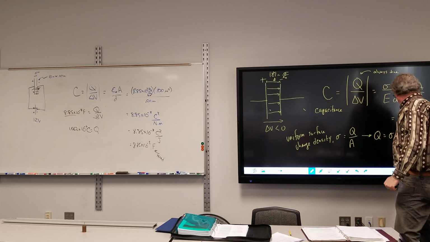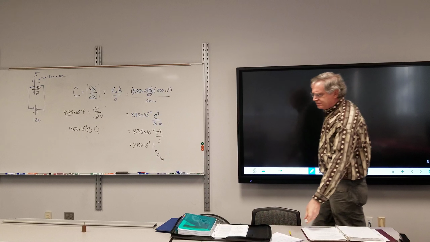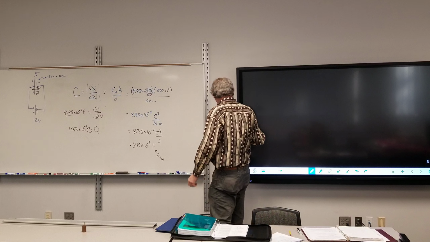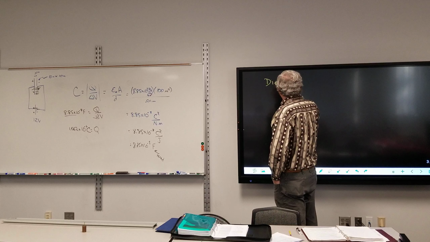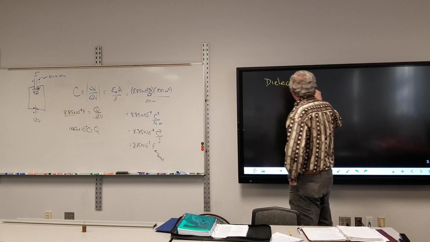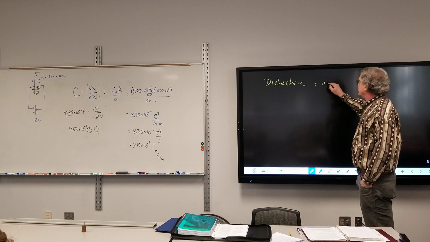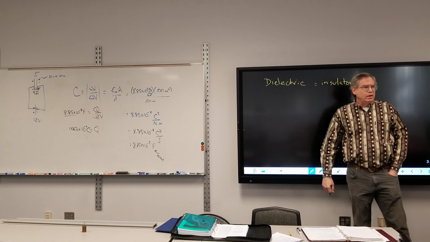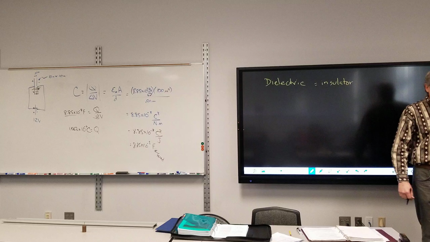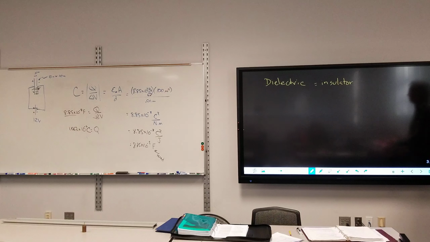So what I'm going to do is add an insulator, and in this context, it's known as a dielectric. This is an insulator. Typically, it's called a dielectric, at least where I've seen it, when it's part of a capacitor.